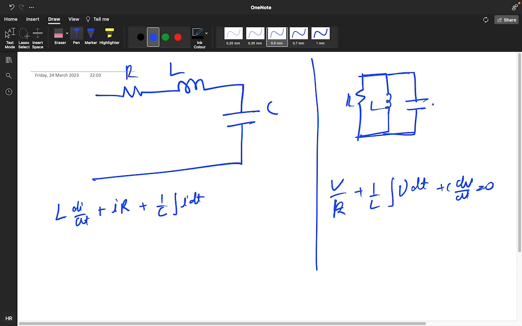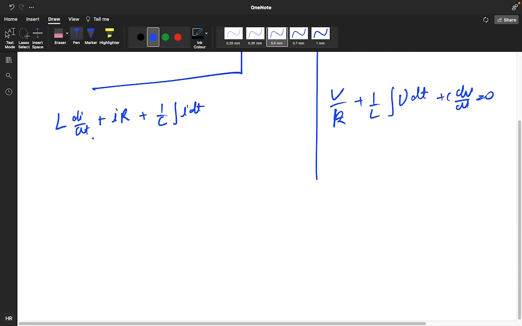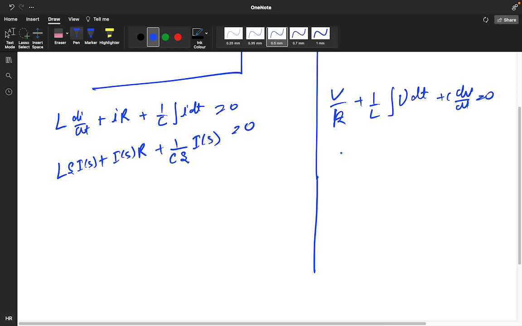This is my R, this is my L, this is my C. So it will become LS I(S) plus I(S) into R plus 1 by CS into I(S) is equal to 0. It will become V(S) by R plus V(S) by LS plus CS V(S) is equal to 0. Okay.